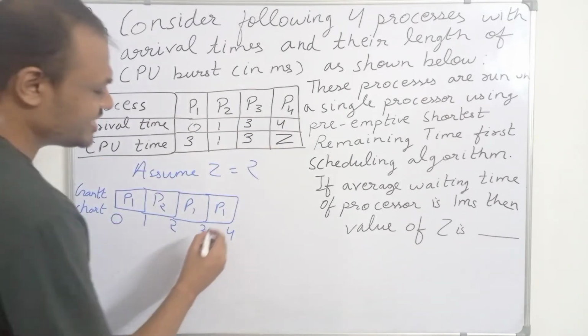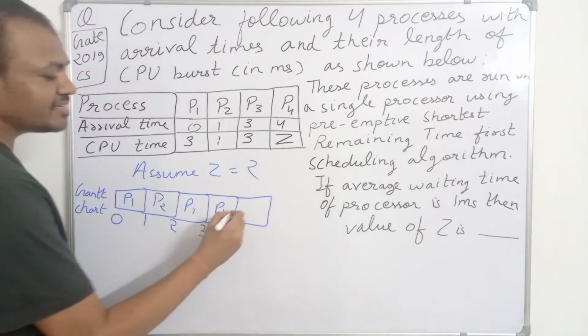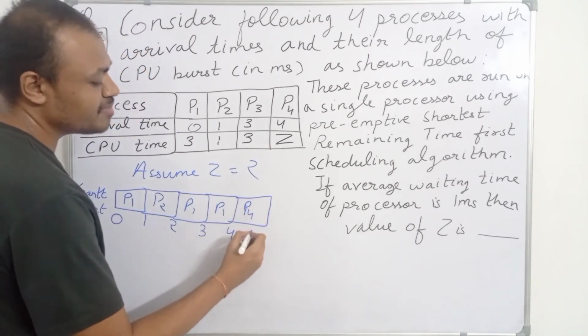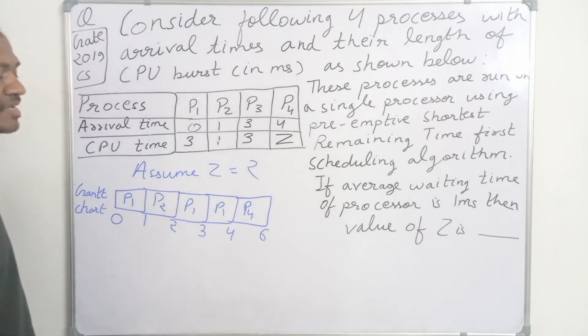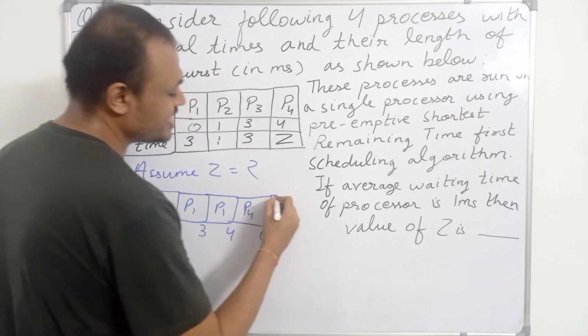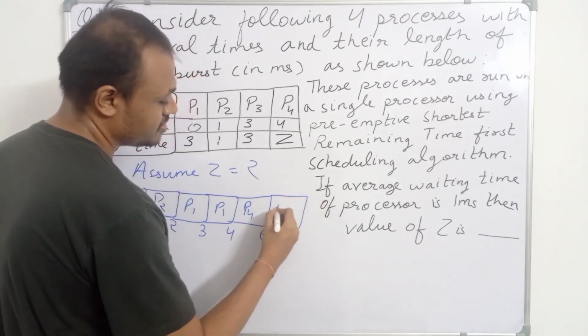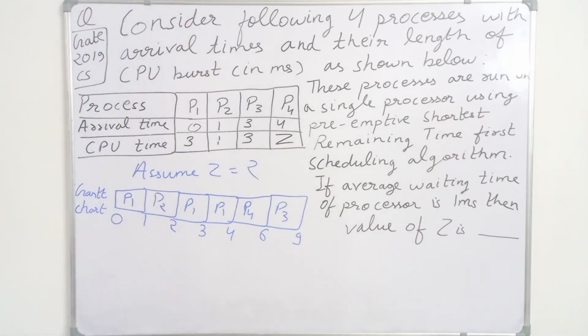So P4 will be scheduled first because its time is less than P3. P4 runs from 4 to 6 and is complete at 6. Now P1 and P2 have completed and only P3 is remaining, so P3 will be scheduled. This is the Gantt chart.